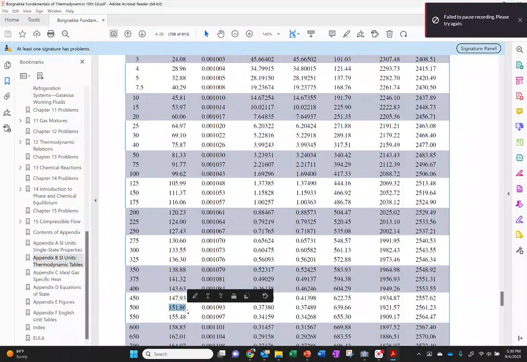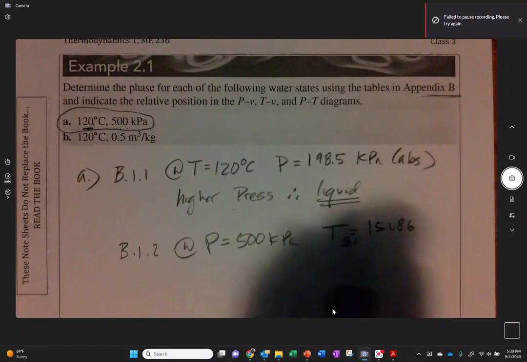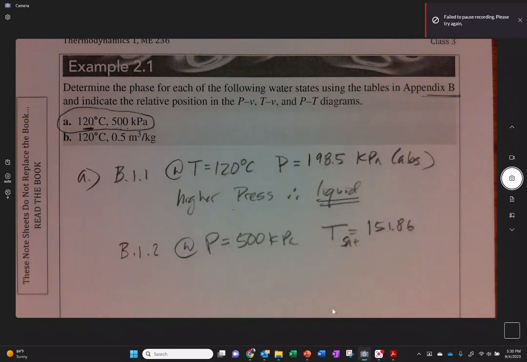So in B.1.2, at the pressure of 500 kilopascals absolute, the saturation temperature, that's the correct word for it, is 151.86. So we're not at a high enough temperature to get it to boil. Once again, that reinforces that it's liquid.